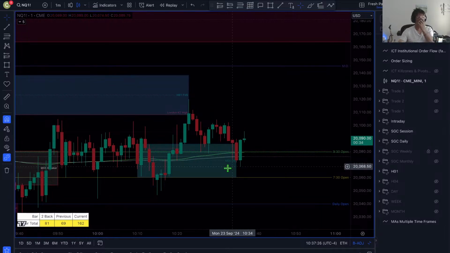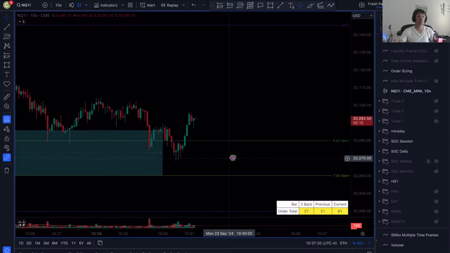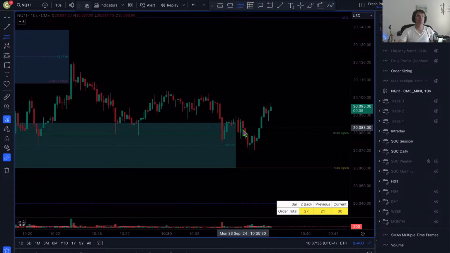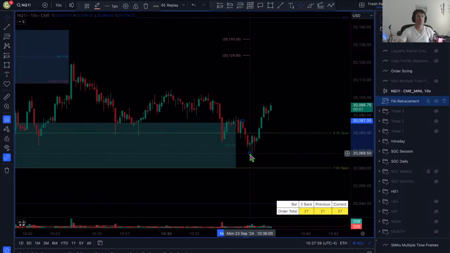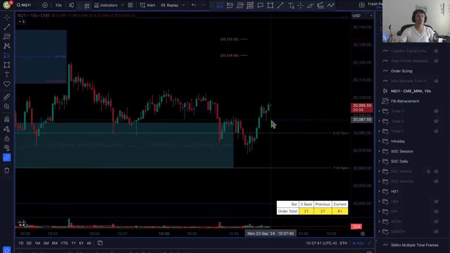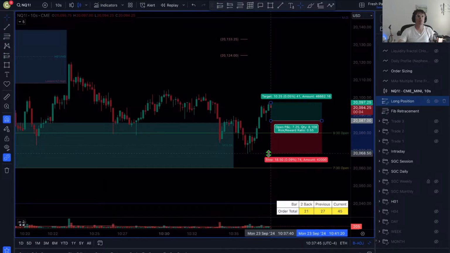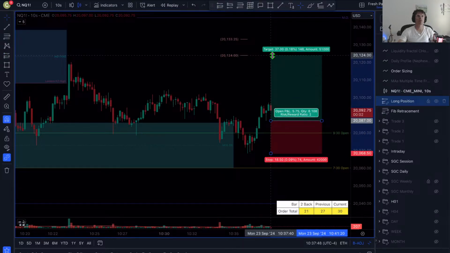I really want to see it, but your structure's right here and you're in the downside. Everything's looking good on this to me. This could be AMS again to the upside. This is there. Back above the 930 open.